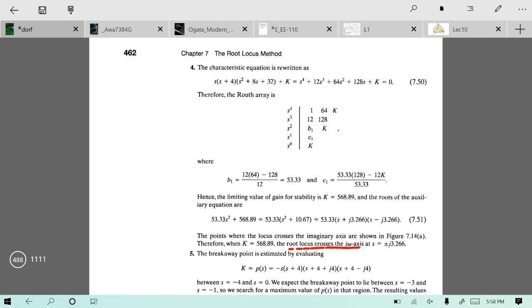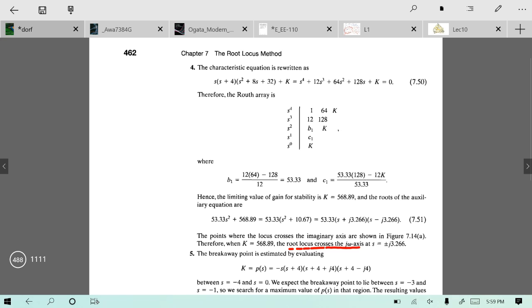Okay. So I have this characteristic equation with me, s^4 plus this, equal to 0. From this characteristic equation, I have drawn a Routh array, which is 1, 12, 64, 128k, 1, 12, 64, 128k. And this term B1 should be (28 times 12 minus 1 times 64 minus 128) divided by 12.